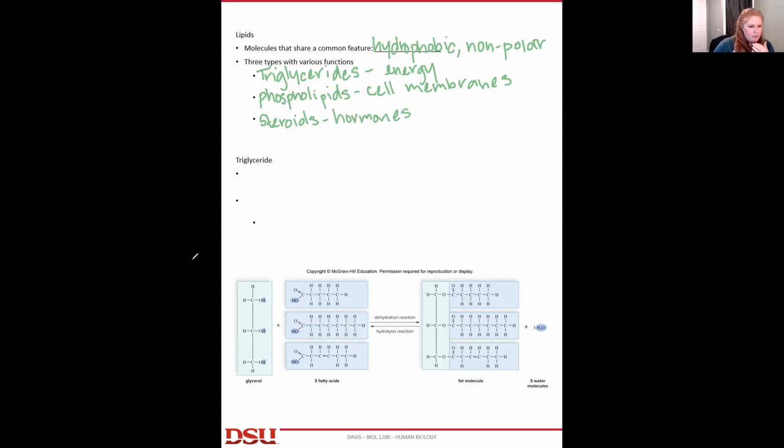So when we talk about triglycerides in a little bit more detail, we can say that they are really for long-term energy storage. So our body holds on to them well to be broken down when needed for energy. Their construction is a molecule that has 3 fatty acid chains attached. So you can see examples of them down here.